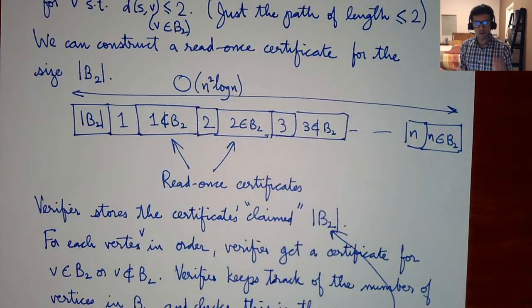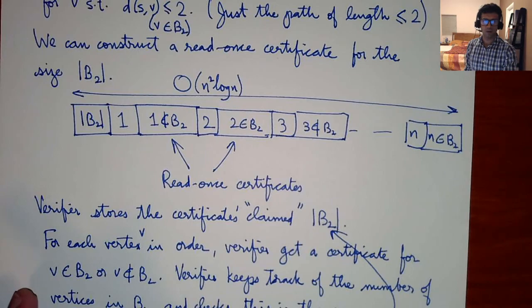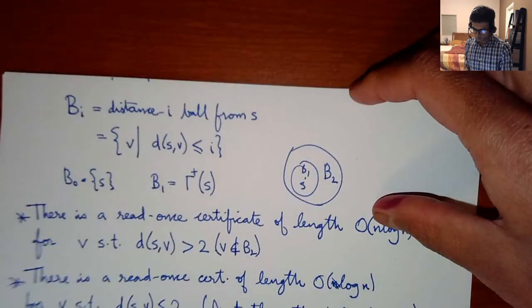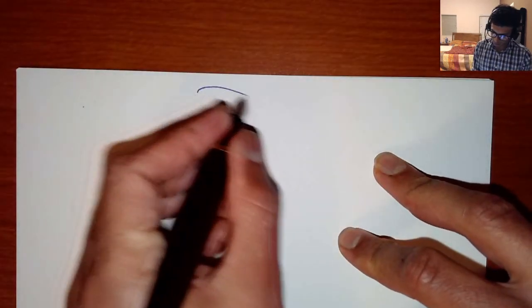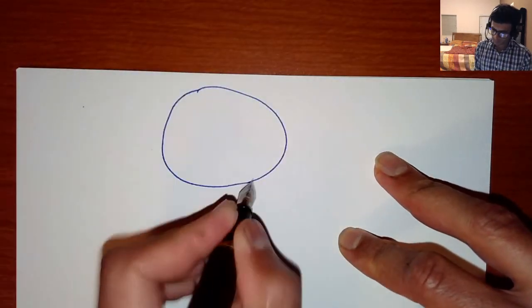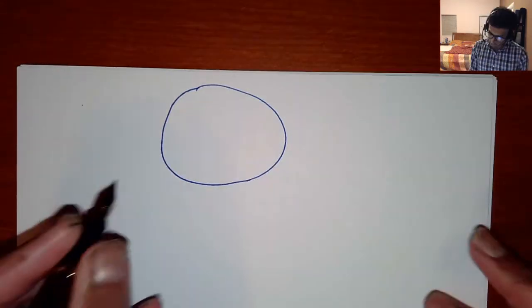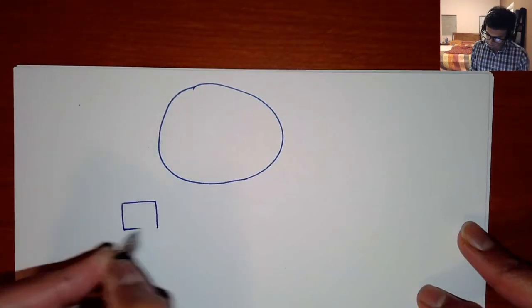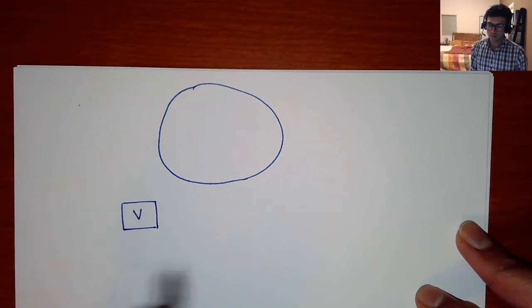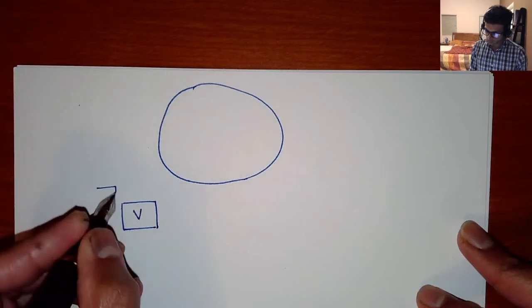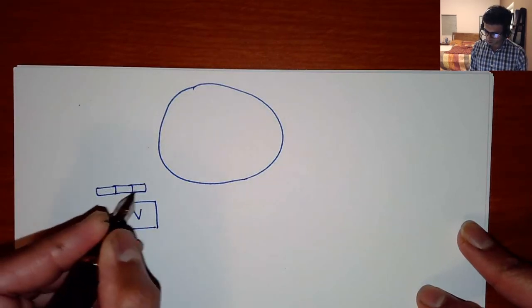I want to draw another picture, and I think this picture is very important to understand what's going on here. And think of it as there's a huge graph here, a massive graph, and there's this little log space verifier. V has very little storage. It can basically store a constant number of vertices.